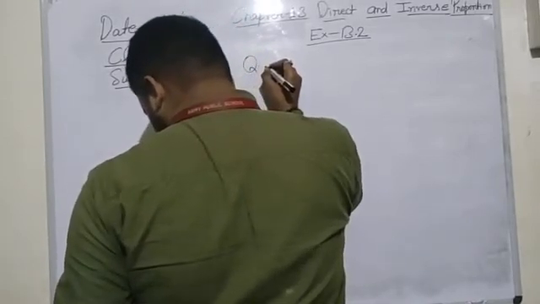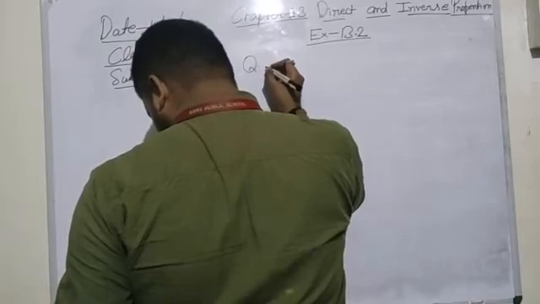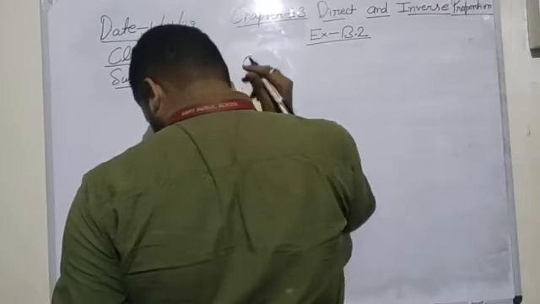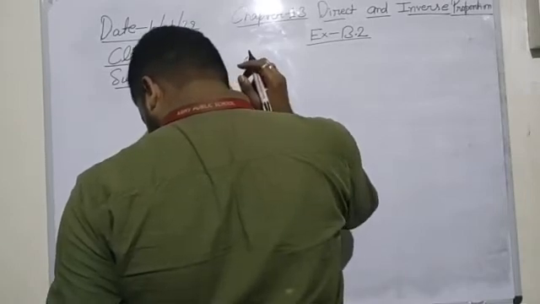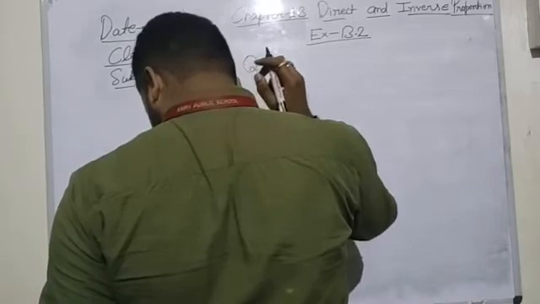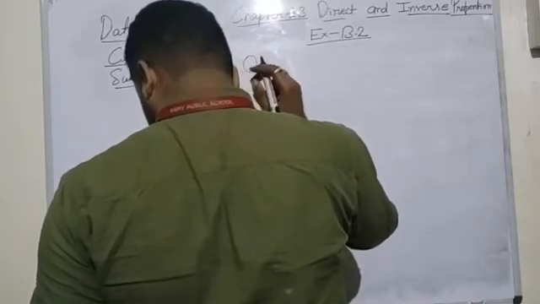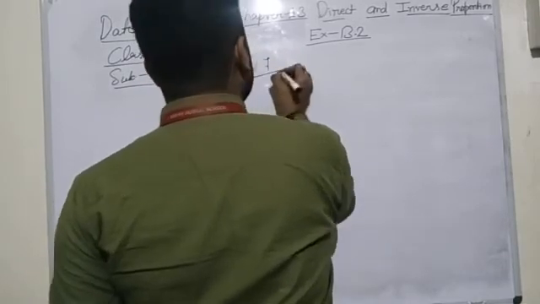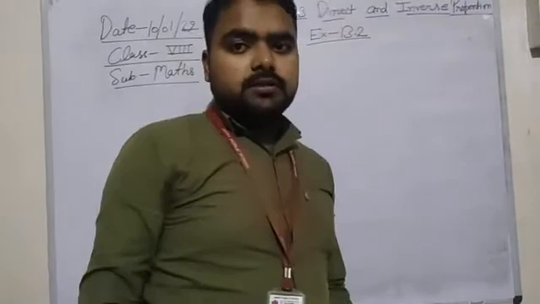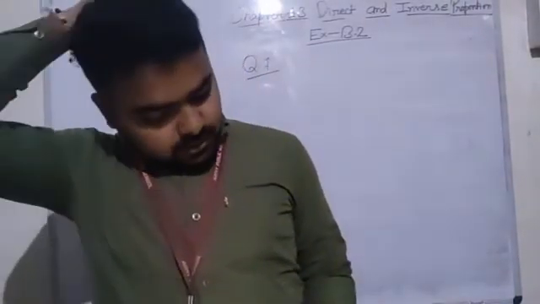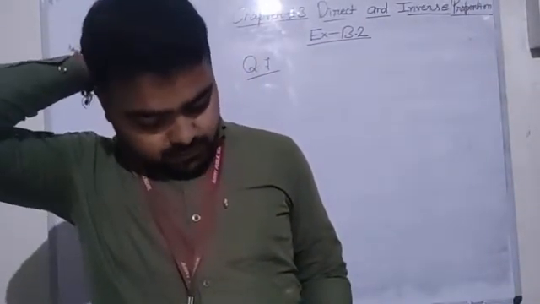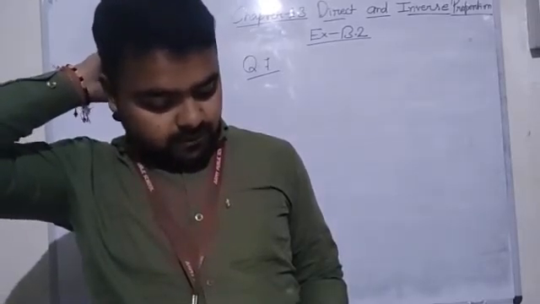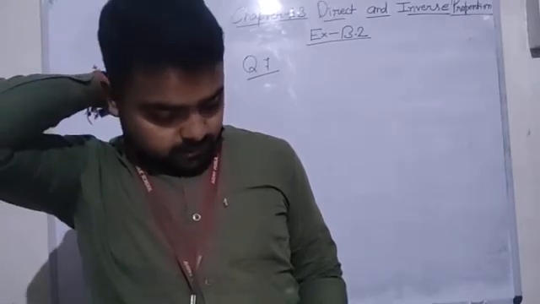Now question number 7. So the question is, a batch of bottles was packed in 25 boxes with 12 bottles in each box.